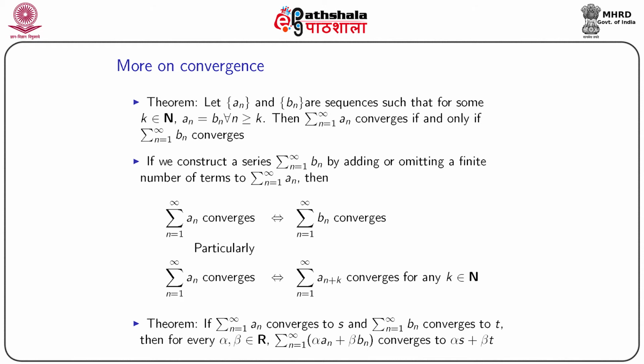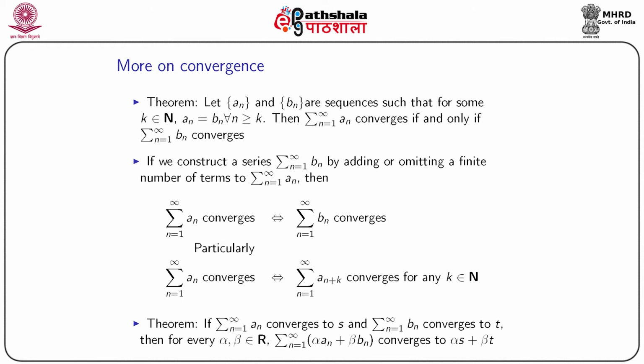We are not going to prove all these theorems that we will be stating, because most of them can be found in any standard textbook of real analysis, and this is beyond the scope of this lecture. If we construct a series sum over B_n from n equals 1 to infinity by adding or omitting a finite number of terms to sum over a_n, then sum over a_n converges if and only if sum over B_n converges.